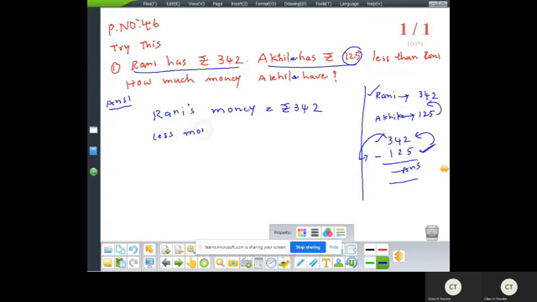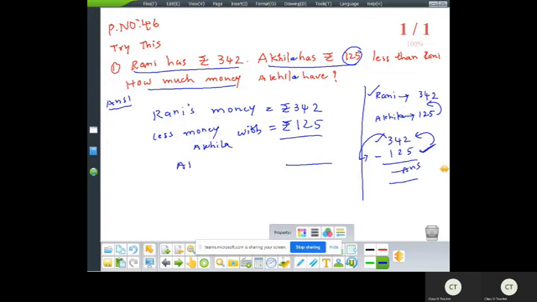How much less? 125. They are asking how much money Akhil has.